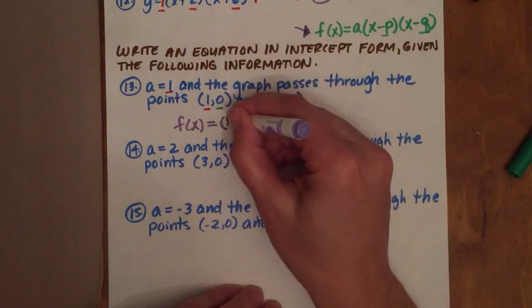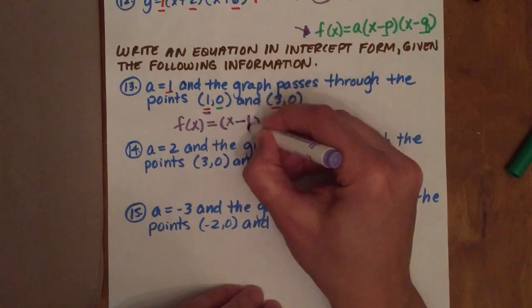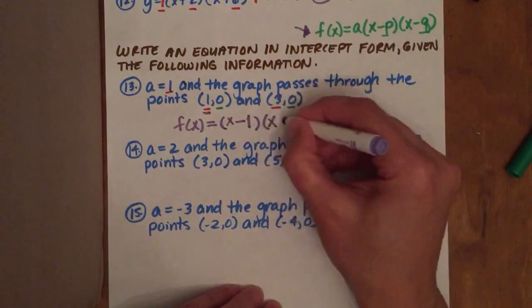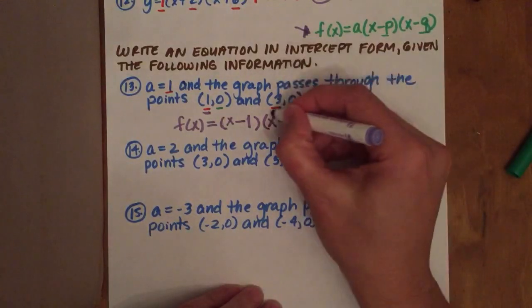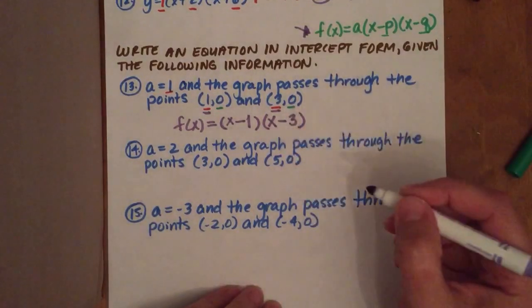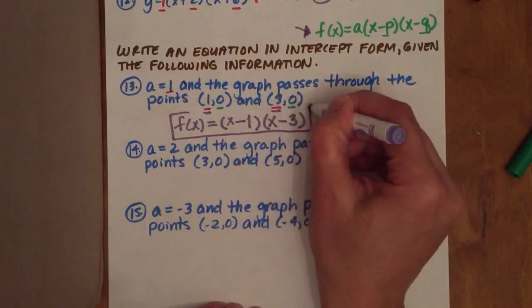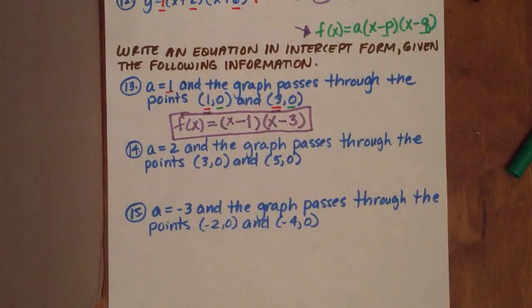So I'm going to have x minus, and what's p? 1. That's my first factor. The second one says x minus q. Well, my q value is 3. So it's x minus 3. And that's it. You're done. You have just written an equation in intercept form based on an a value and 2 points.